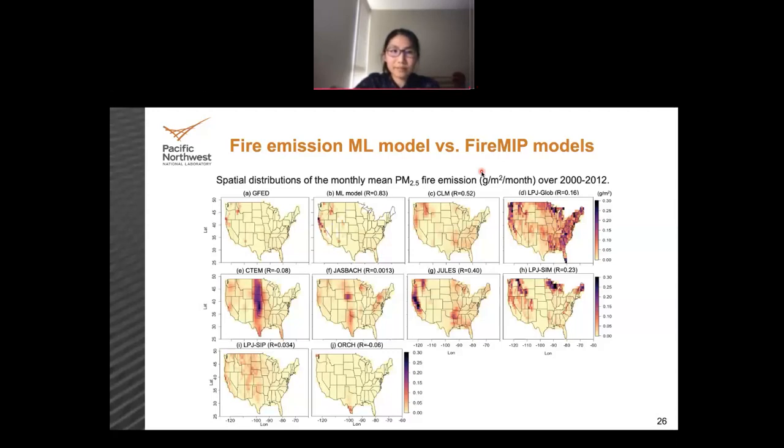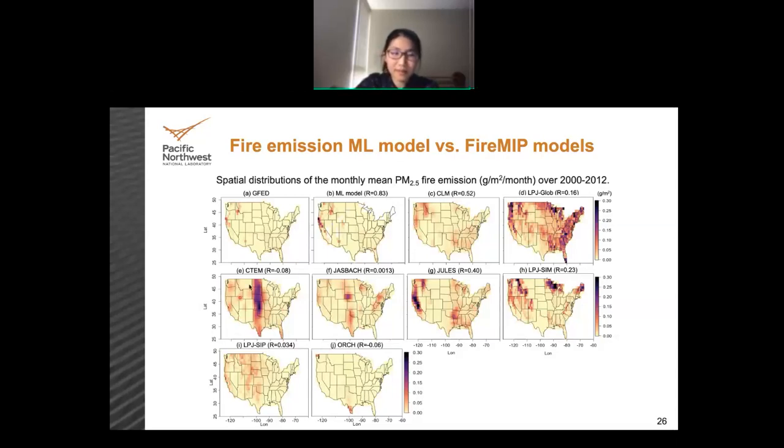So here shows the spatial distribution of monthly mean PM2.5 emissions over 2000 to 2012. We see that generally the machine learning model can capture the spatial distributions of the GFED pretty well compared to other FireMIP models. Most of them do not do a good job.